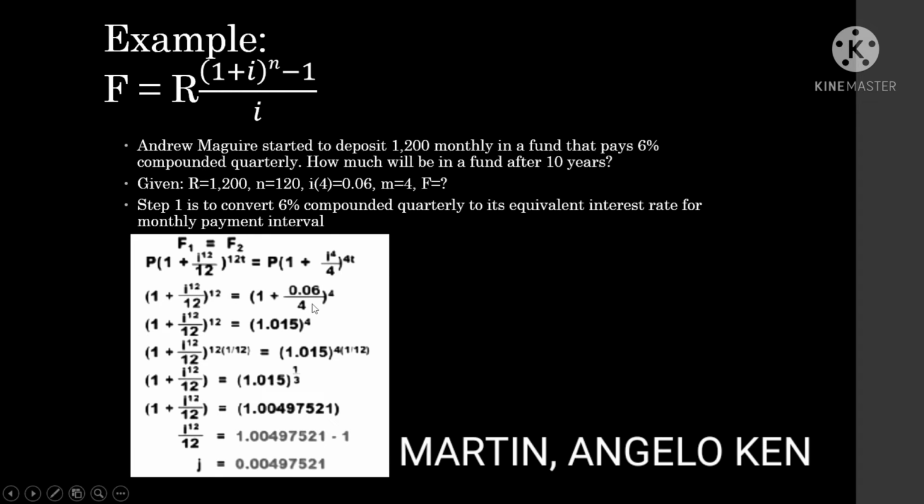Substitute the interest: 0.06 divided by 4, which equals 0.015, so (1.015) raised to the power of 4, then to the power of 1/3, equals 1.004975, minus 1.